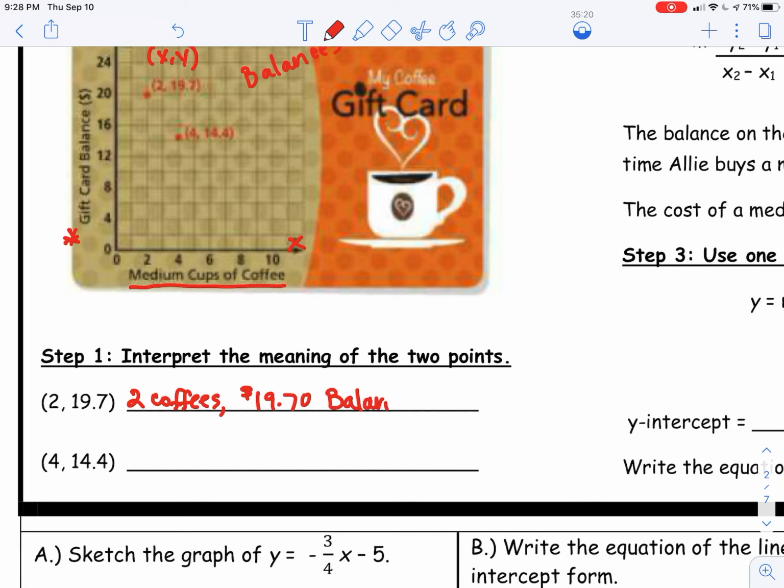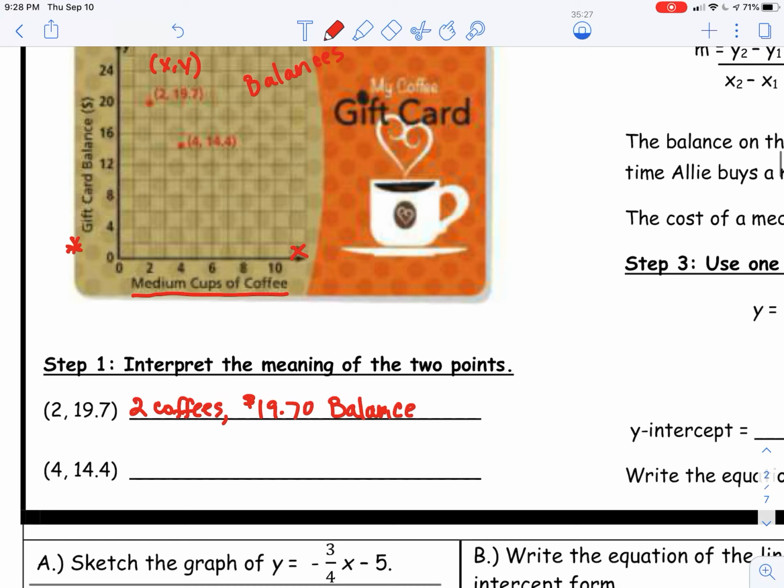After she has 2 cups of coffee, her balance is at $19.70. Likewise, at 4 cups of coffee, her balance is now $14.40.